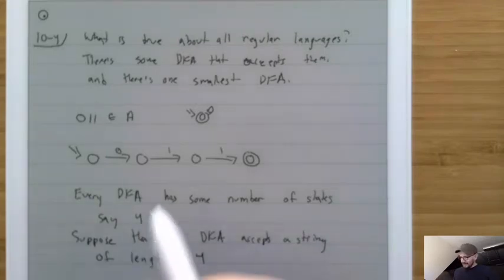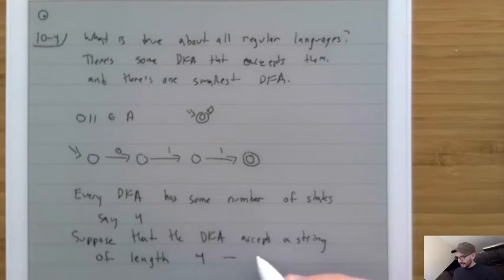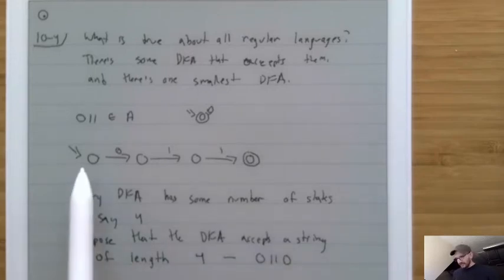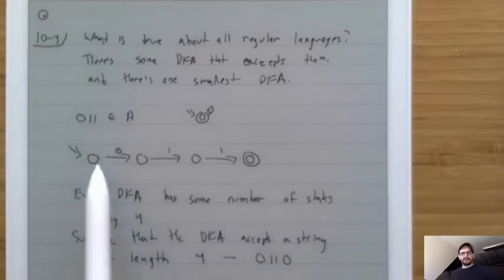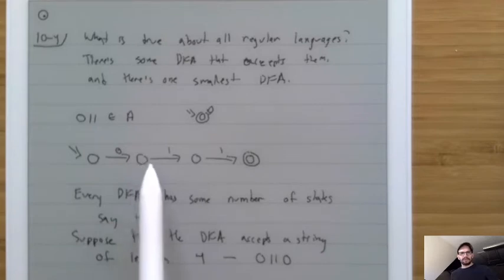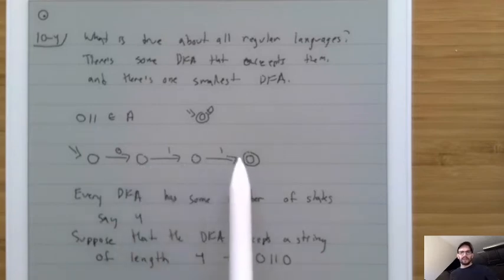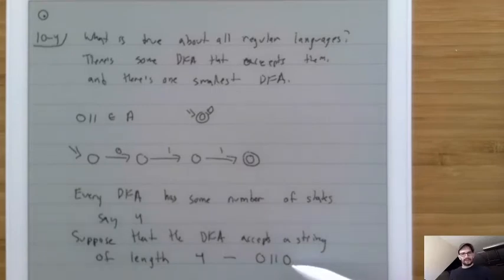Well, let's look at this example right here. Suppose it accepts 0, 1, 1, 0. Well, we know that it's going to start here, that's state number 1, go to here, state number 2, go to here, state number 3, go to here, state number 4, but then there's still one more character, 0 there.